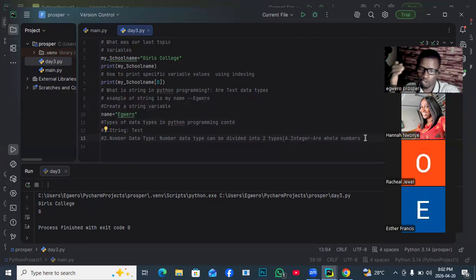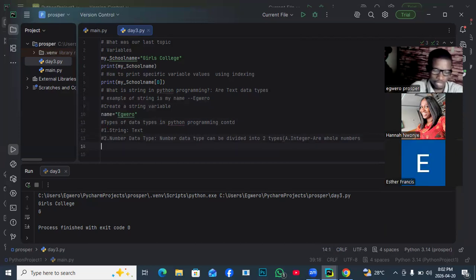So what kind of number in programming can we say is a whole number? So let's look at examples of integers in Python, which are 90.